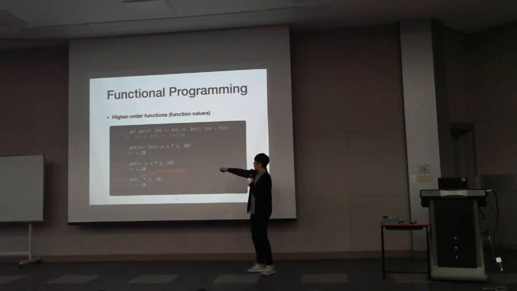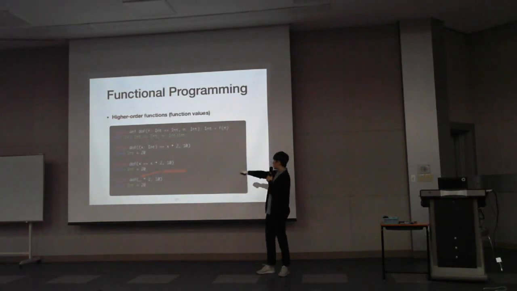So we call doF with two arguments, this function and the number 10. So this function value is the first argument, and the number 10 is the second argument. The first argument is a function value that takes one parameter with integer type and returns x multiplied by 2, so it's a double function.